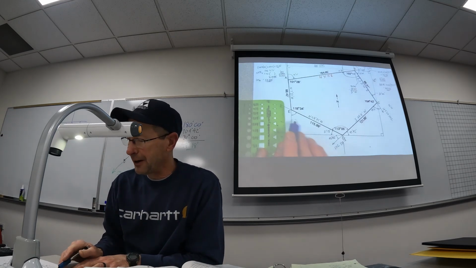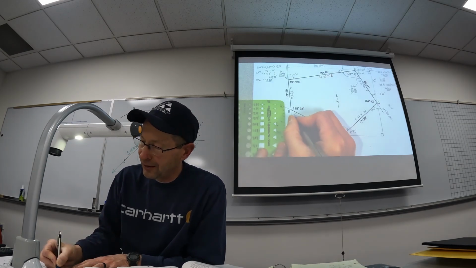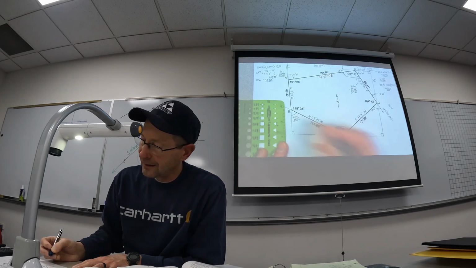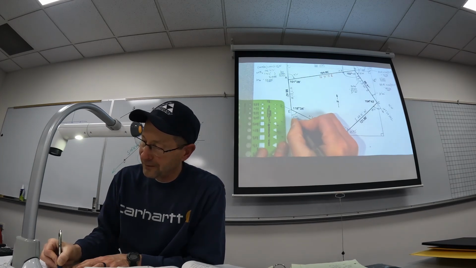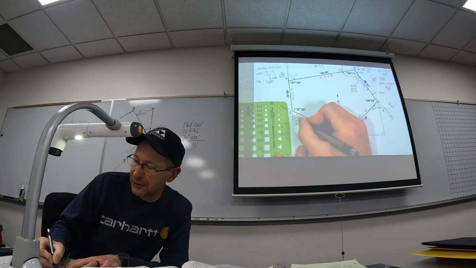Because then to get the bearing, what we want to go in this direction. We're heading from here to here, so we need this interior angle here. So this is what, 90 minus 21°13', 68.47, 68°47'.